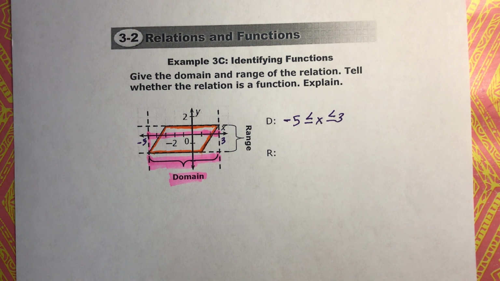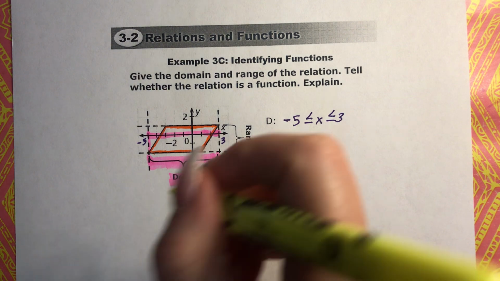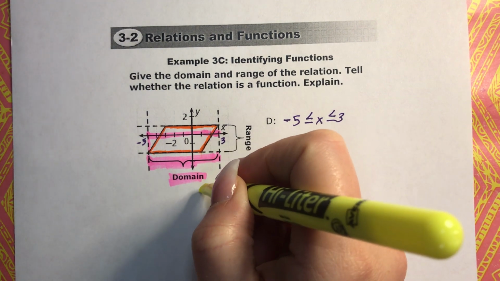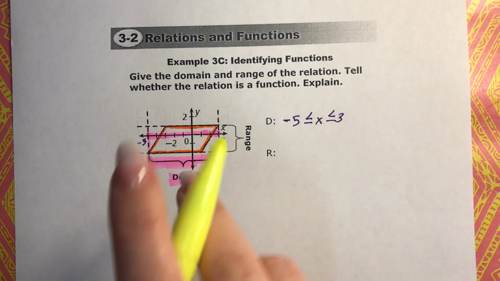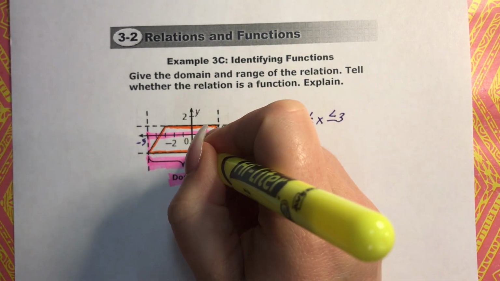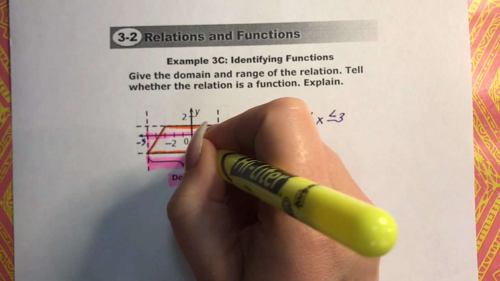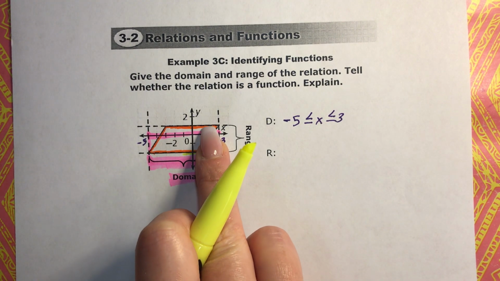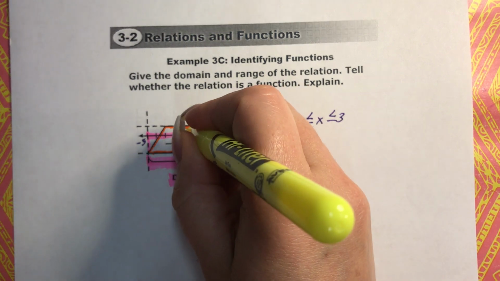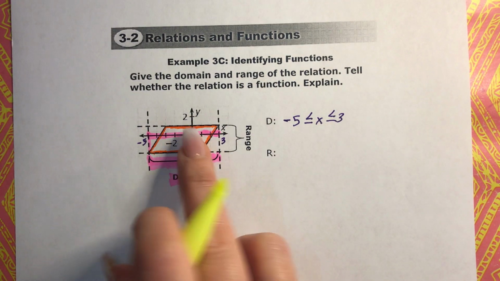Now we're going to look at our range. Our range is all the y values. So you want to look, okay, what's the smallest y value? As we come here, this is the y-axis. The smallest y value would be right here, and then there are y values all the way until we get to right there, okay?